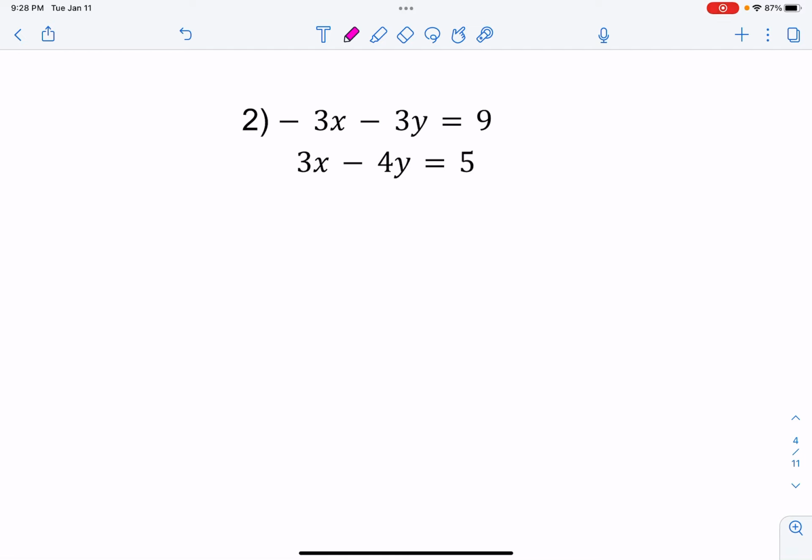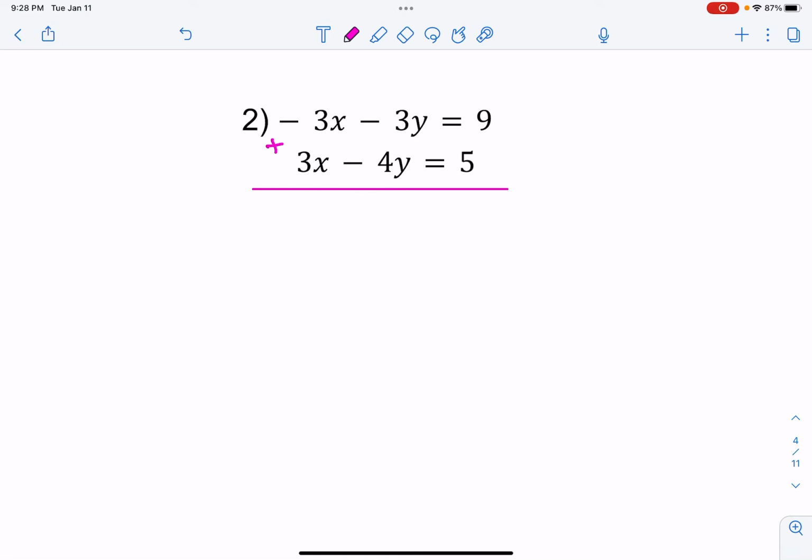And one of those happens to be negative. Well, whenever we are adding these equations together, that's what we're looking for. We are hoping that we have a positive and a negative. So we don't have to do anything special here. We just have to add these two equations together, and one of our variables already eliminates itself.